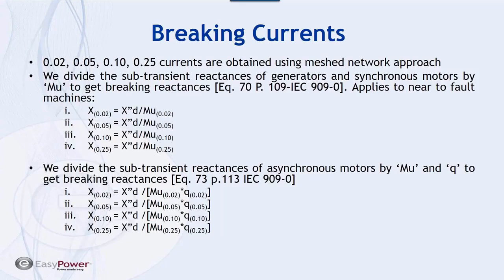So for 20 millisecond, 50 millisecond, 100 millisecond, 250, I modify and adjust the impedance values based on IEC recommendations, and they go up. They go up as time progresses. And mu and Q, they come from equation 73, page 113, IEC 909, for details.